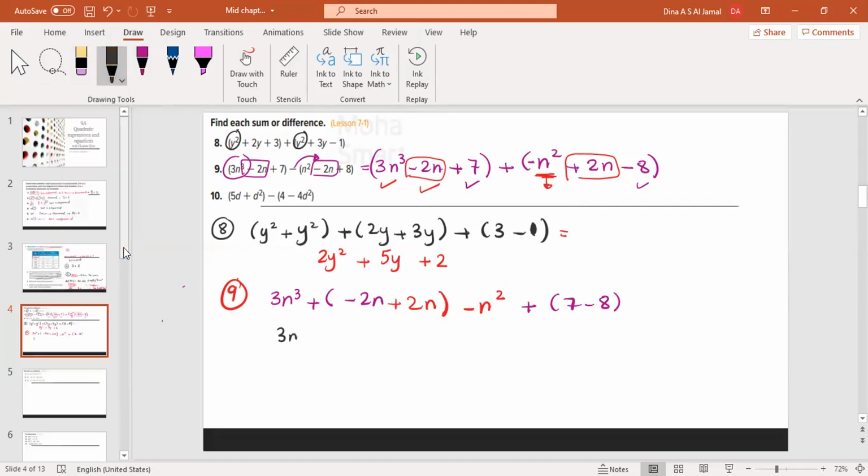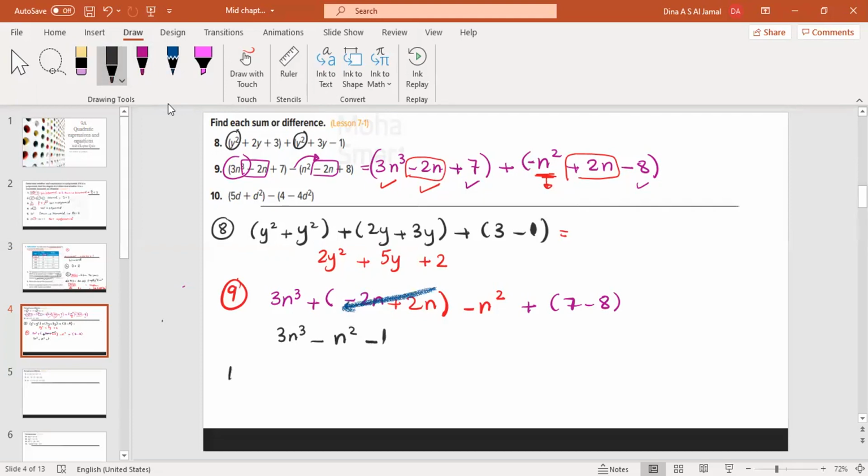So 3n to the power of 3, or cube, minus n squared. Then what you can see is that we are having like terms with the same variable, same number, but different signs. So you will be canceling them. Then 7 minus 8 will be giving you minus 1. So which will give you 3n cubed minus n squared minus 1.